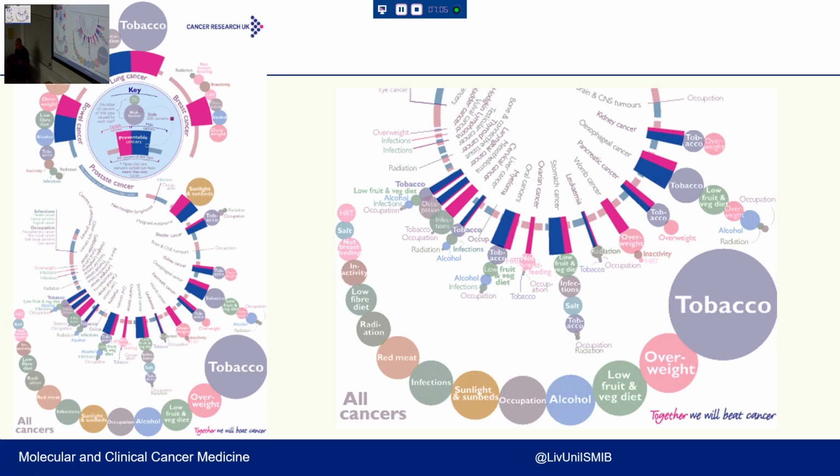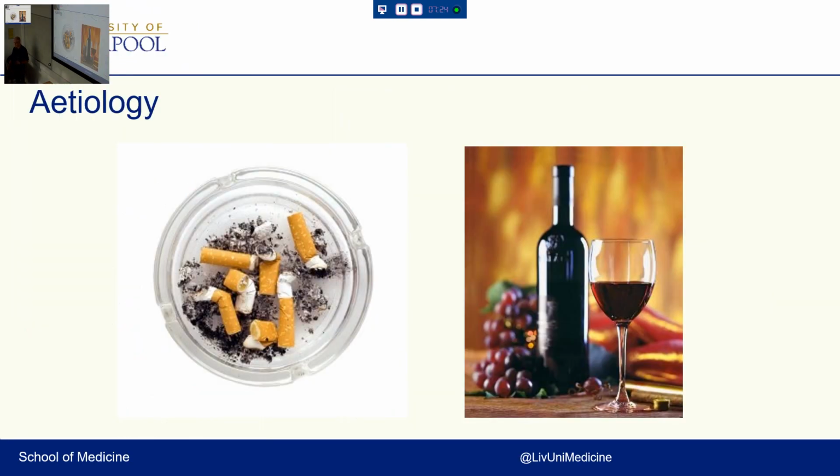And that is largely tobacco and alcohol. But there are a number of other things which play into that, including poor diet and obviously infections, which I'm going to talk about. So it's largely a disease across all of the head and neck sites of environmental exposure to carcinogens. And these are the two main culprits still, tobacco and alcohol.